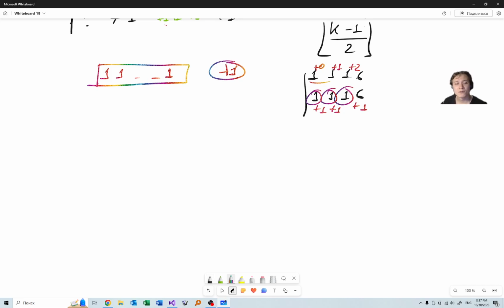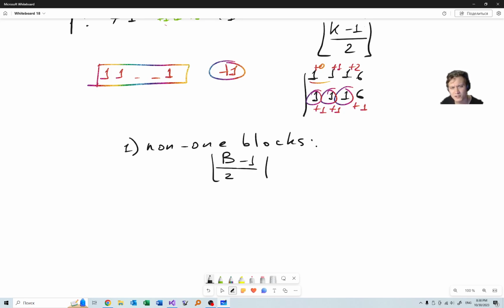So now we have the following algorithm. It is greedy, but still it's like a complex greedy. First of all, we consider non-one blocks, and you take (b-1)/2 elements from each.